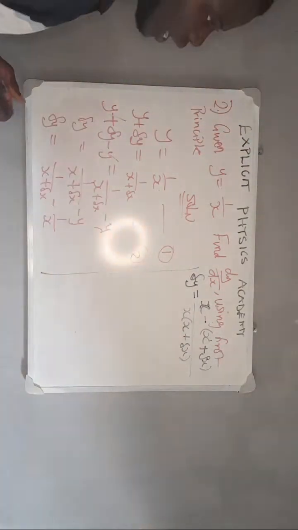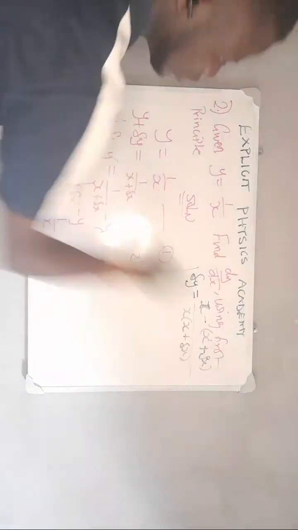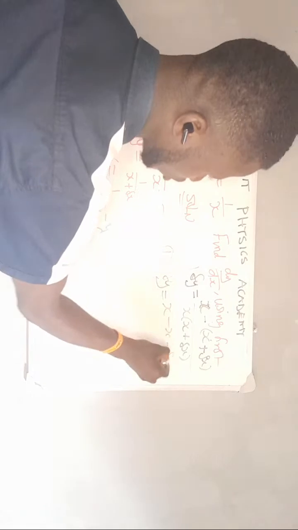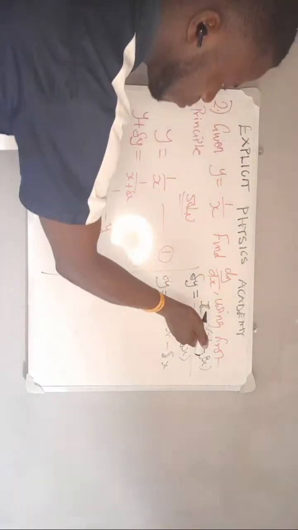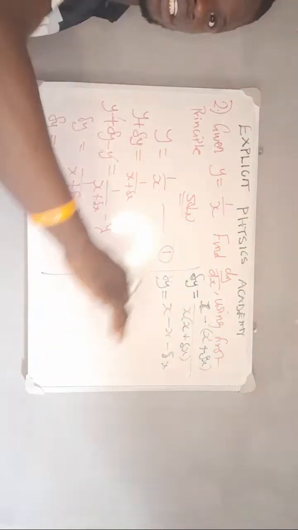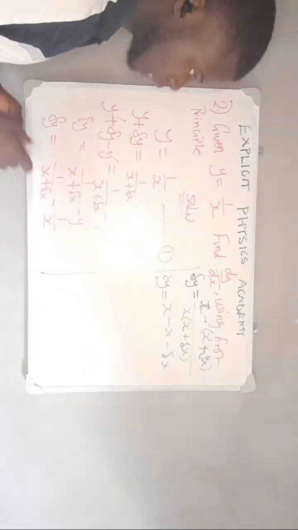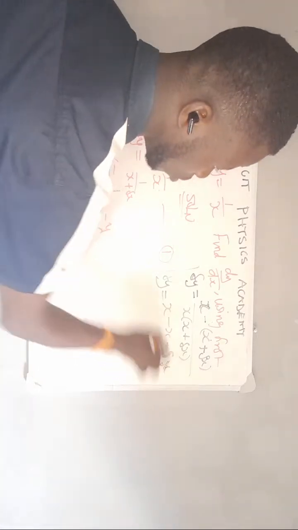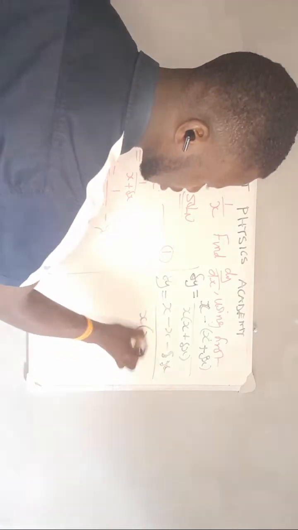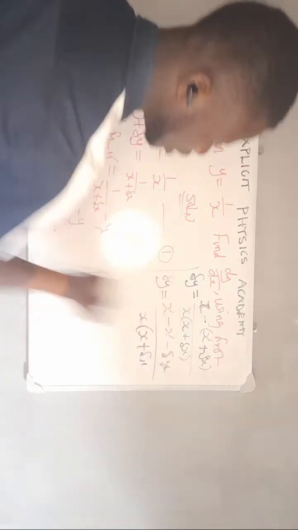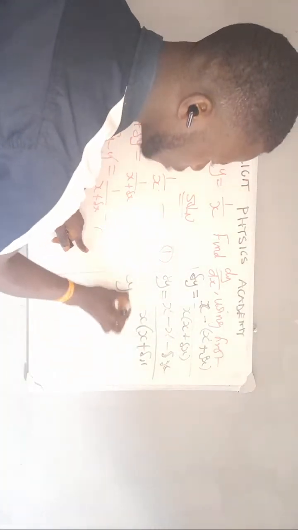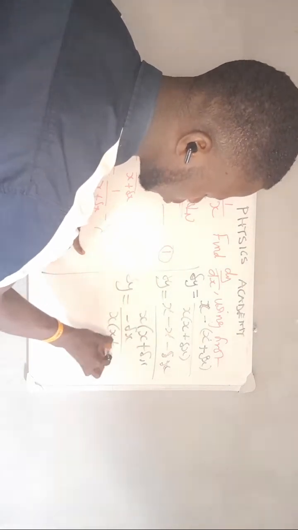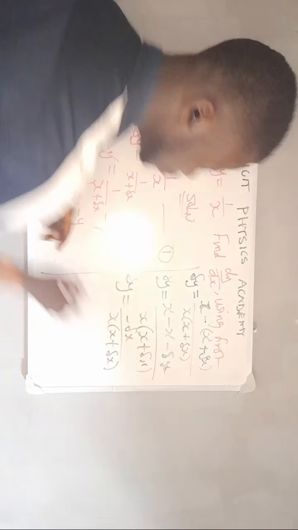Alright, this is what we are going to have, of which if we expand this, we are going to have del y as being equal to x minus x minus dx, because the negative sign outside will affect the sign inside the bracket. So that's why we are going to have this. If you work with this, it will be all over x plus dx. So our answer is going to be del y will be equal to minus del x all over x plus del x.